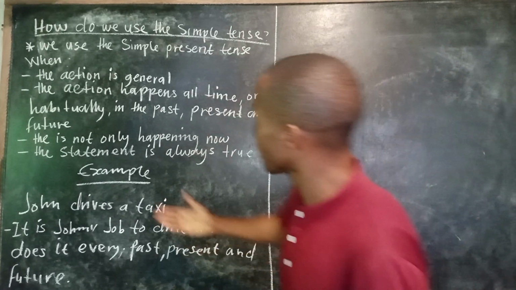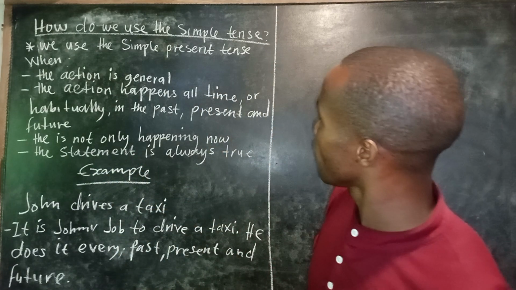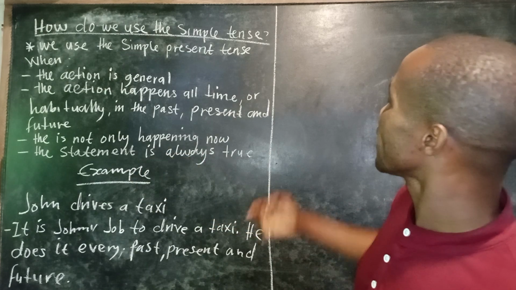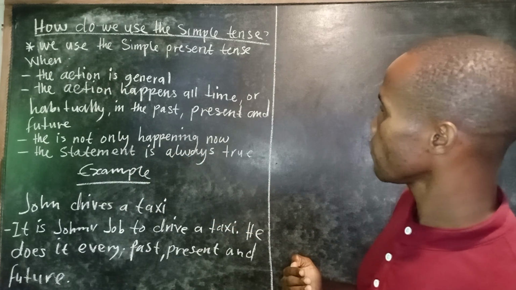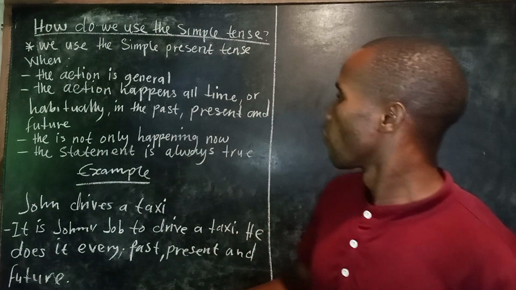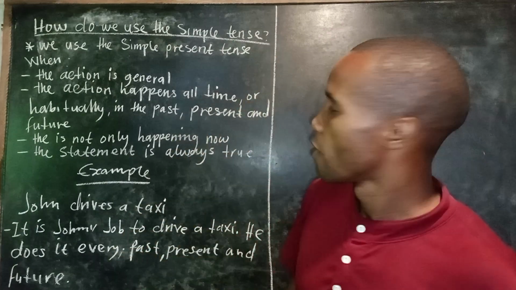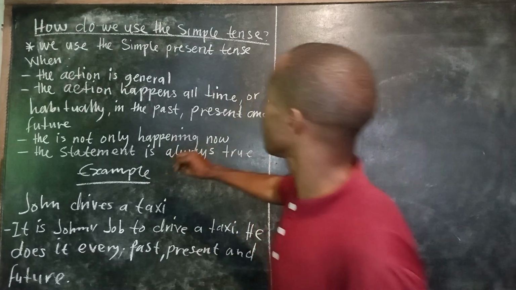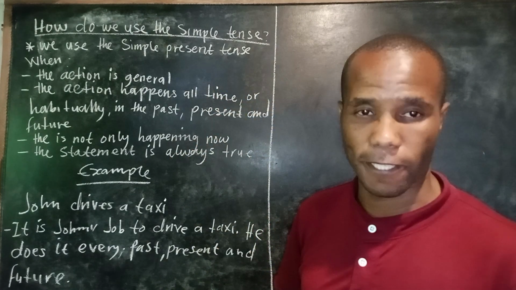Then the other point: this can be used when it is not only happening now. The statement is always true. That is when you can use the simple present tense.